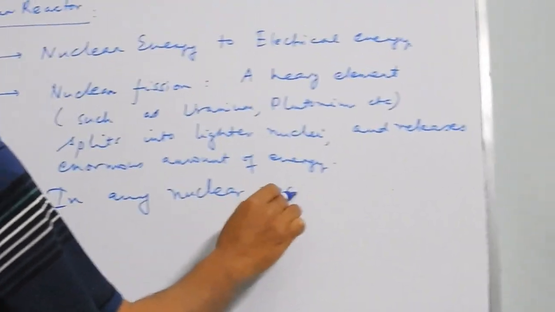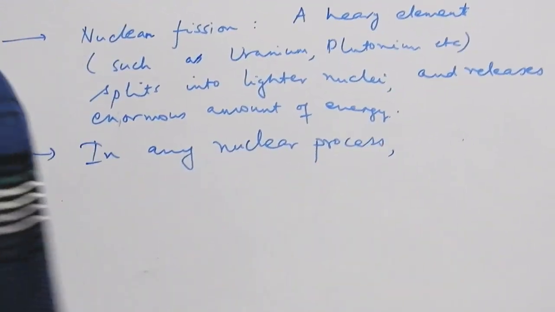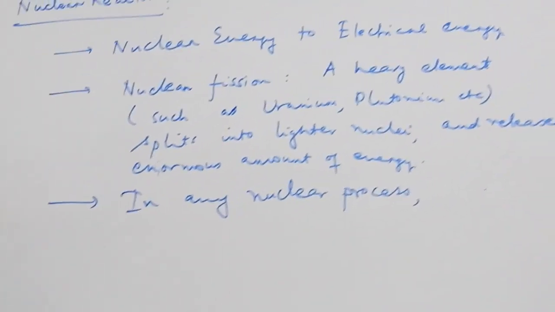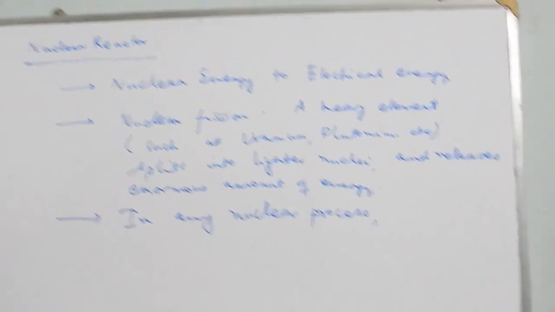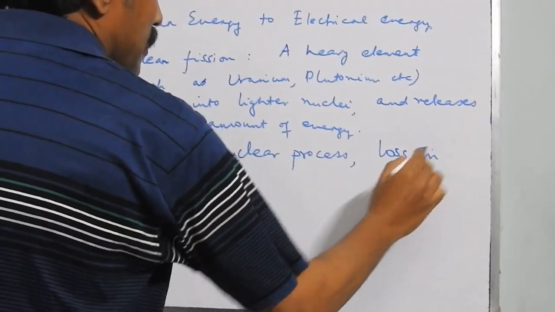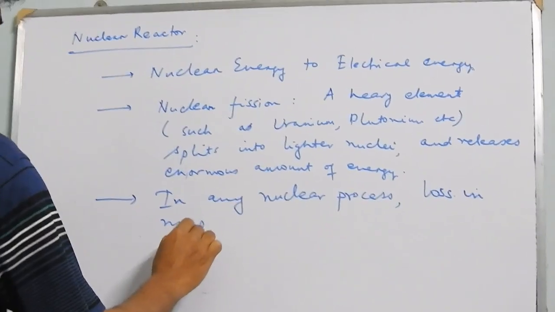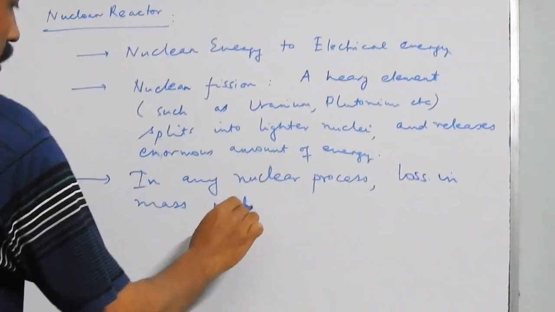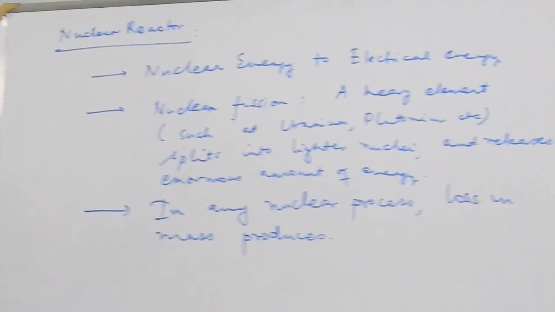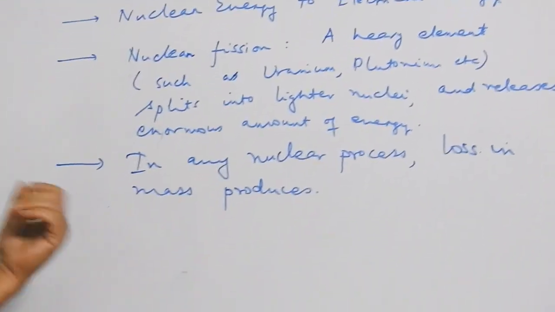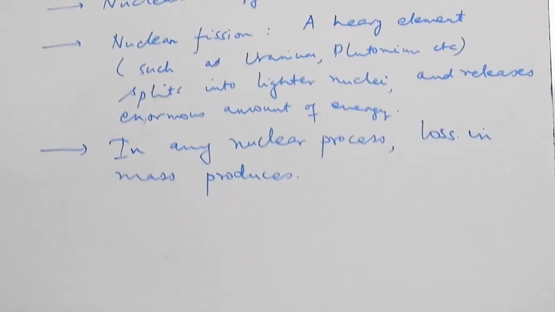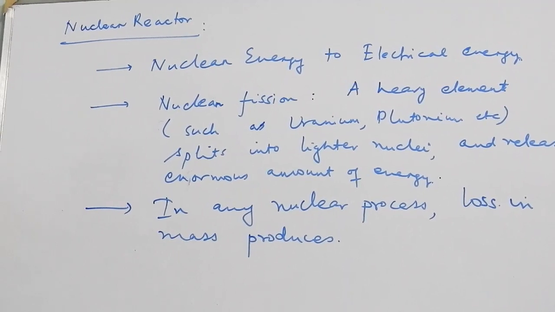nuclear process or nuclear phenomenon, you can say that it is the loss in mass of the nucleus that gets converted into energy. Loss in mass produces energy. If you consider a nuclear reaction, then the sum of the masses of the products and the sum of the masses of the reactants differ.